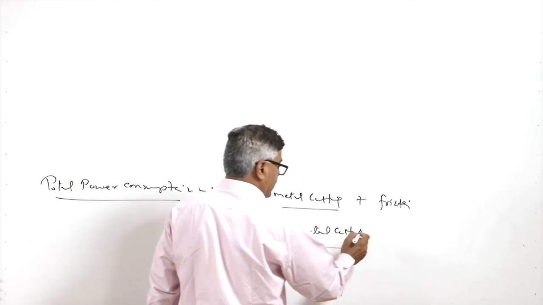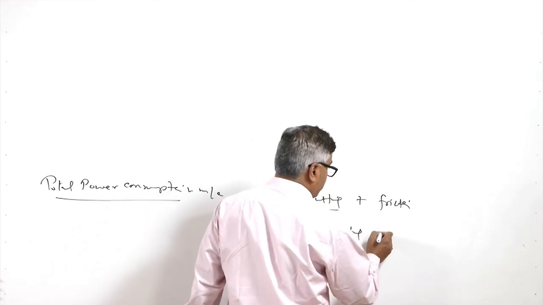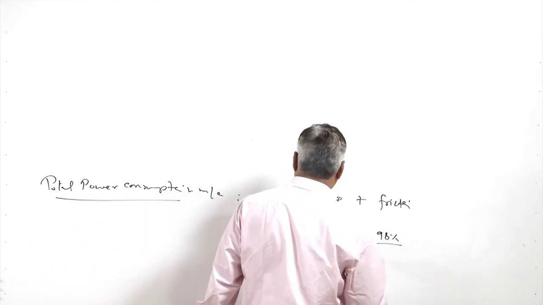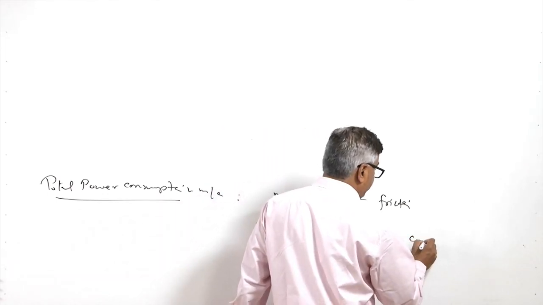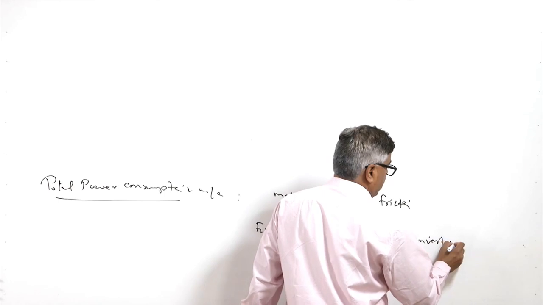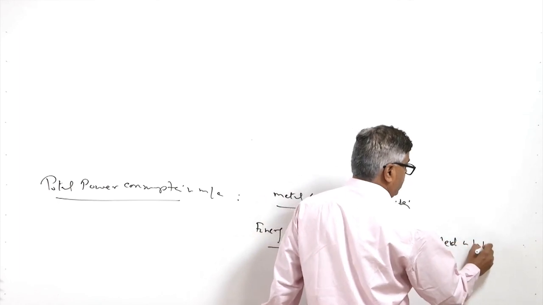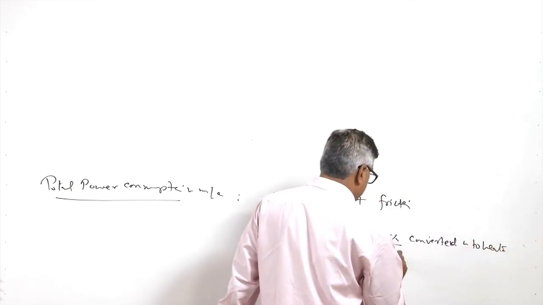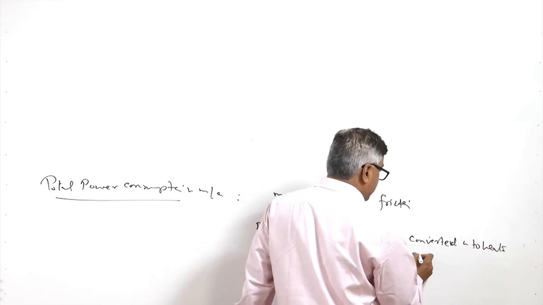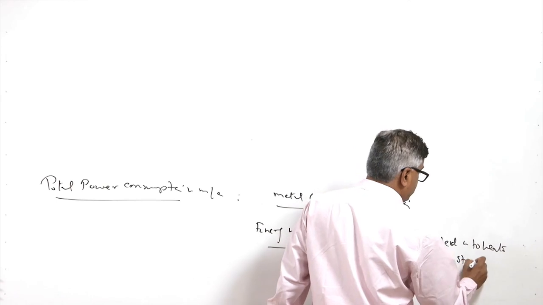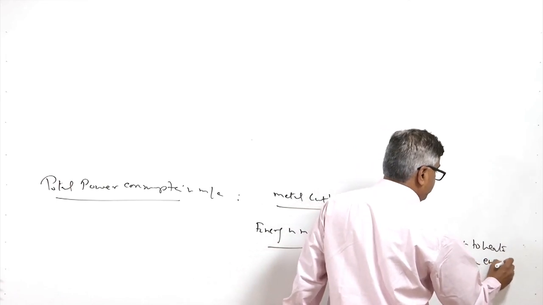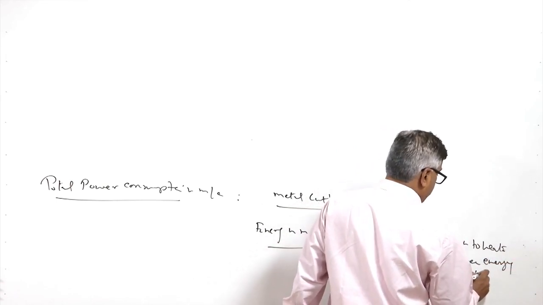Whatever energy is being consumed in metal cutting, most of it is converted into heat. About 98% of the energy consumed in the metal cutting is converted into heat, while the remaining approximately 2% remains as elastic strain energy which goes with the chips.